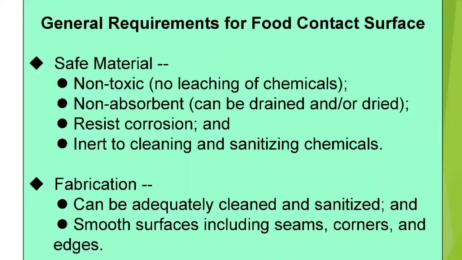It should also not absorb water, it should dry, and lastly it should act inert. When we apply sanitizing agents, it should not react. So these are the major criteria for the requirements of food contact materials.